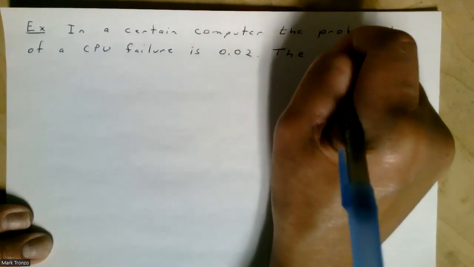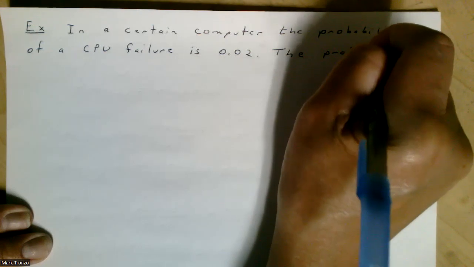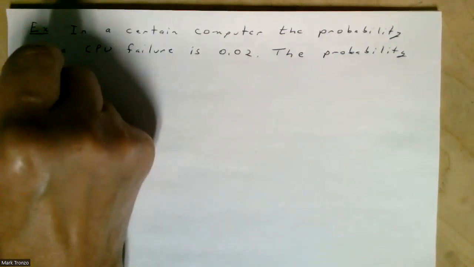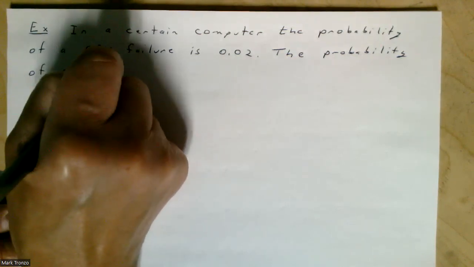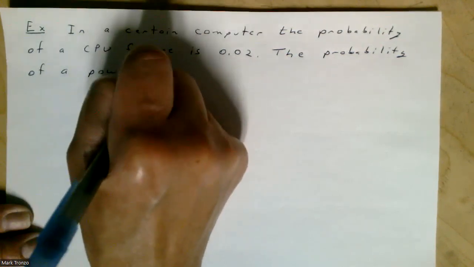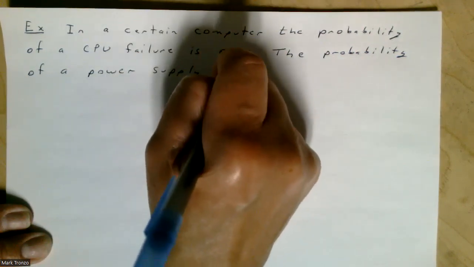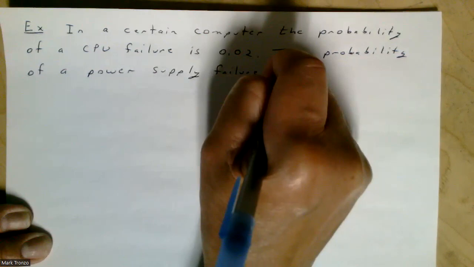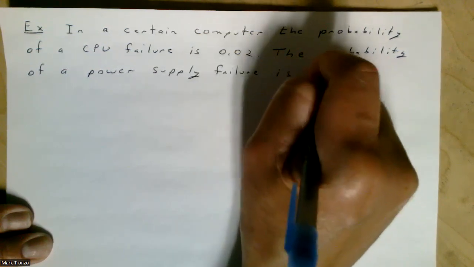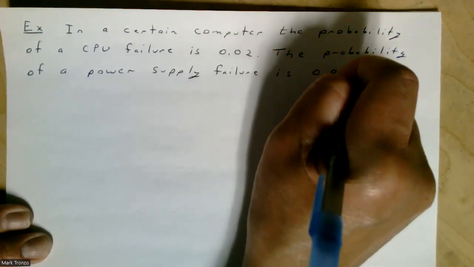The probability of a power supply failure is 0.01.